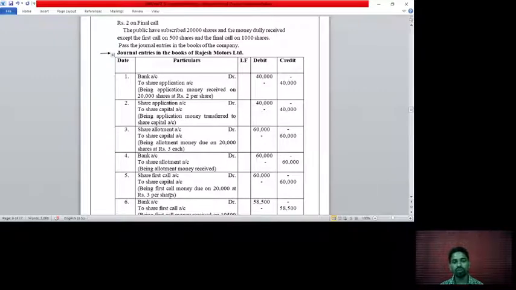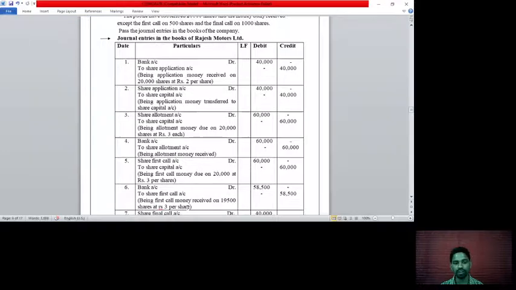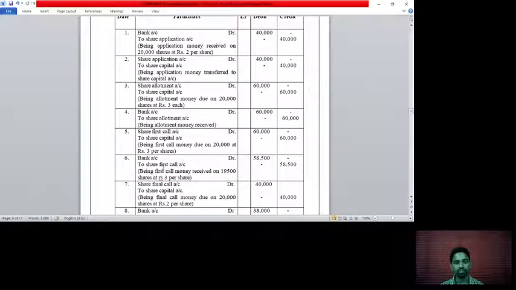Now, how much are they actually going to receive? Just see what is mentioned here. The public have subscribed 20,000 shares and money is duly received except in the first call on 500 shares, and for the final call on 1,000 shares. The first call is 20,000 into 3, but while receiving, you have to subtract 500 shares from the 20,000 shares.